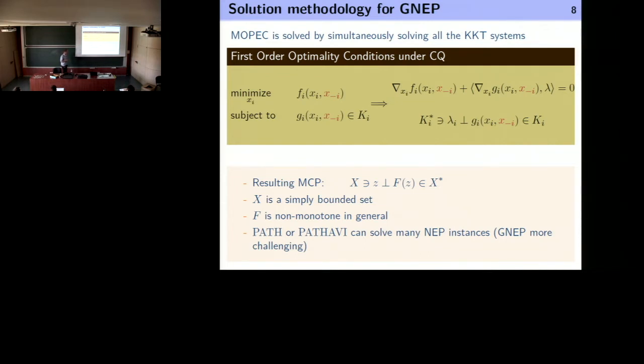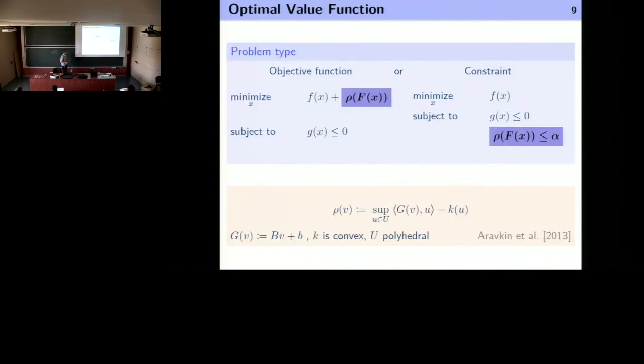Basically, if you take the subgradient of a convex problem, you have a monotone operator. And this makes it hard to solve. However, PATH or PATH AVI can solve many of those instances. The GNEP problems are more challenging, especially when you have non-linear constraints. Then usually we fail to find a solution.